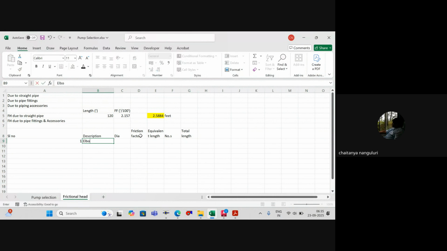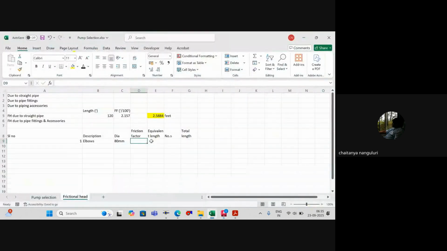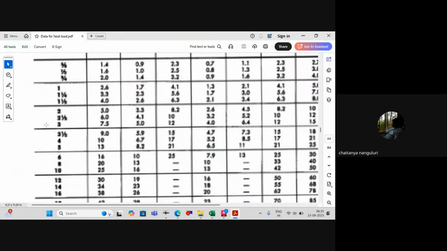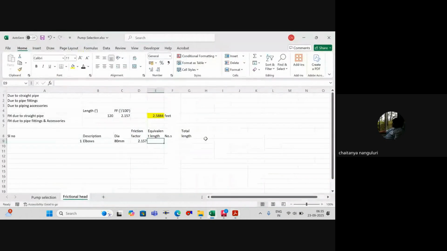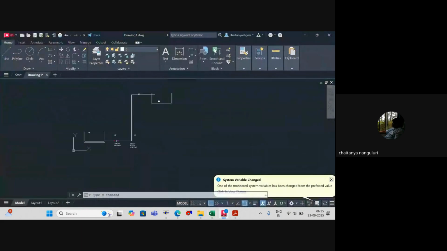What is serial number one? Elbows. What is the diameter? 3 inches, 80 mm. What is the friction factor we got? 2.157 per 100 feet. This is per 100 feet anyway. What is the equivalent length? We got it from the chart, which is 7.5 feet. How many numbers are there? Two elbows, one at the bottom and one at the top.